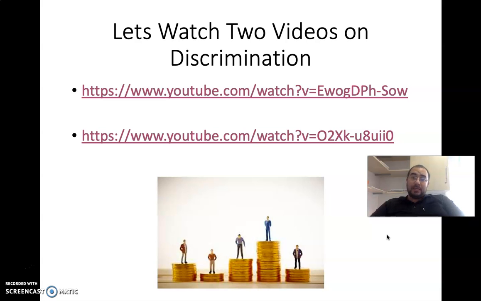Now, basically, on these two different arguments, discrimination and productivity, the main problem would be how can we separate the wage difference related to productivity difference from the wage difference affected by discrimination.